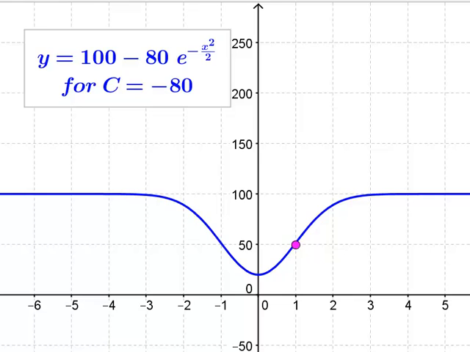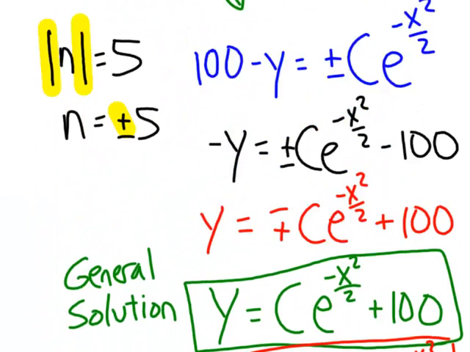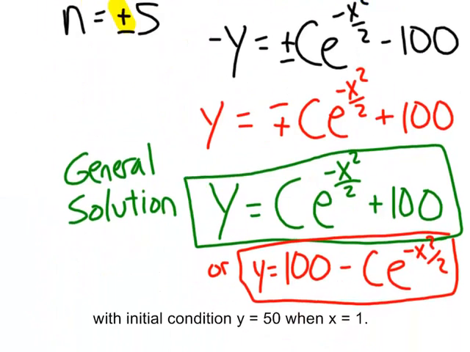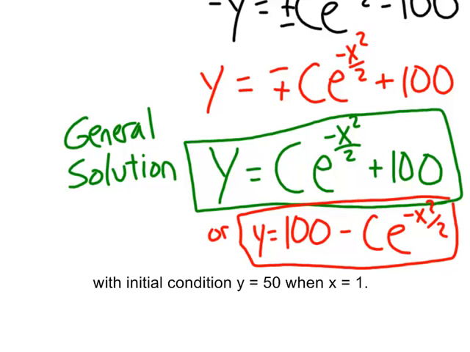So let's go back to here. And I'm going to plug in those initial condition values. I'm going to plug x equals 1 and y equals 50. I'm going to use my original solution. So I'm going to plug in x equals 1 in this equation, and then y equals 50 right here.